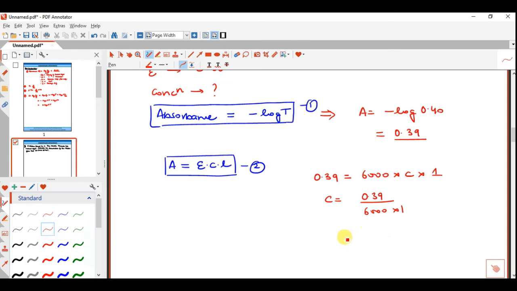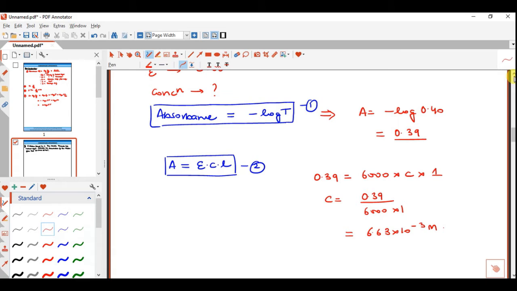If you calculate this, you would be provided calculators, or you can do it with the calculator in the examination also. So you would be getting the value somewhere around 6.63 into 10 to the power minus 3 molar. Now I want you to have a special eye for the units. Why am I saying that? Because you need to provide the units at the end, right? Especially if this is a numerical type question, you would have to write down the end unit.